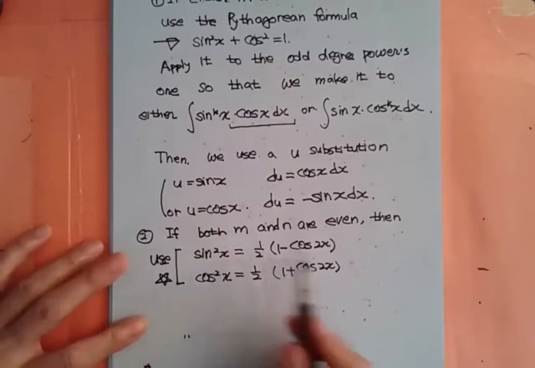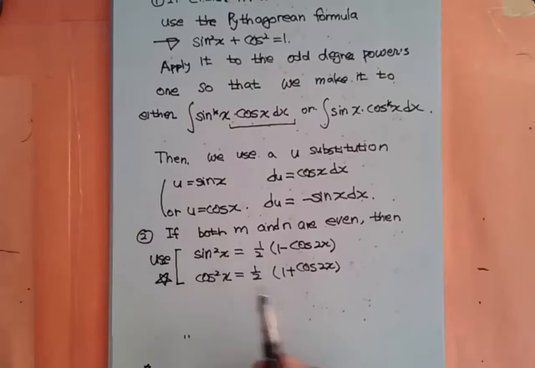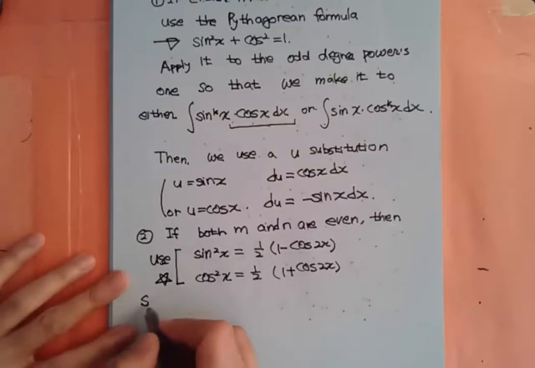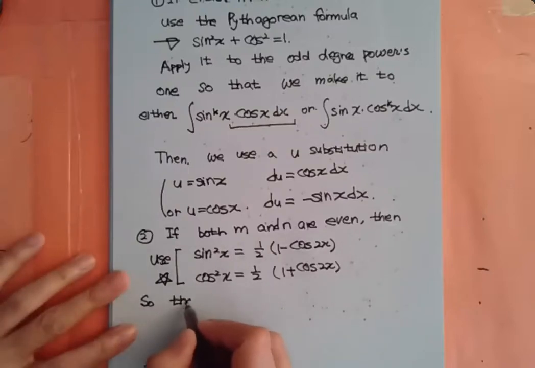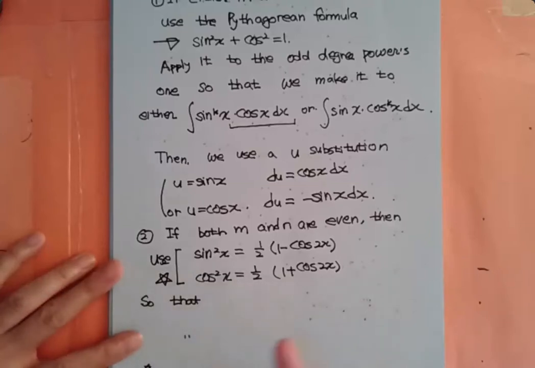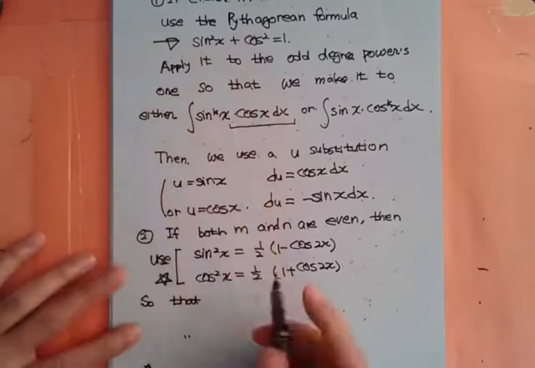So as I said, the basic strategy is just lowering the degree from degree 2 to degree 1. And then when we lower the degree, it will become the first case, right?